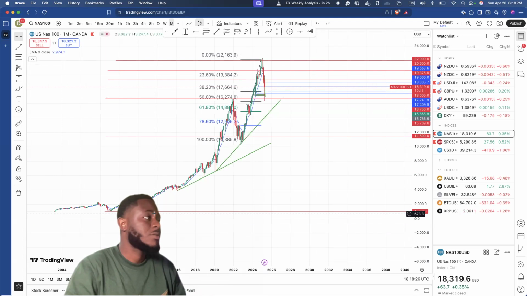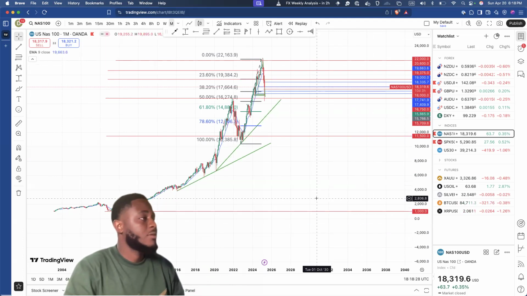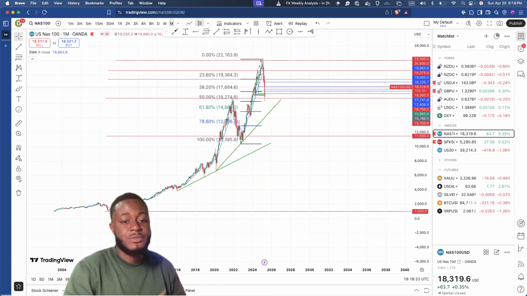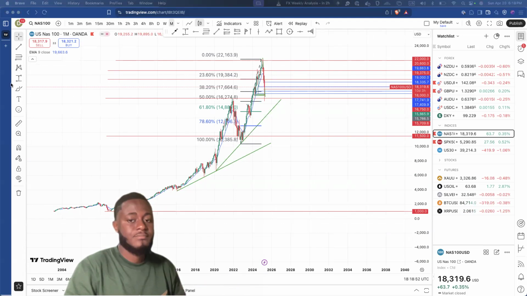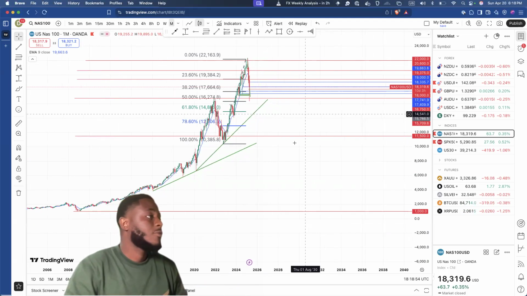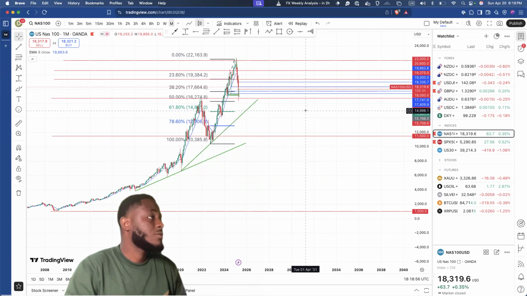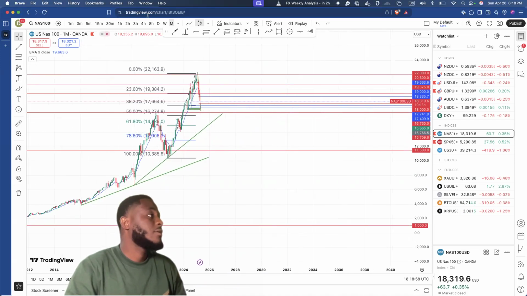NASDAQ has been bullish on a bigger time frame, right? From the bigger perspective, NASDAQ has been bullish all throughout, and that is when I drew these trend lines, right?